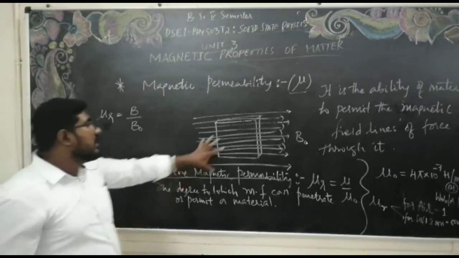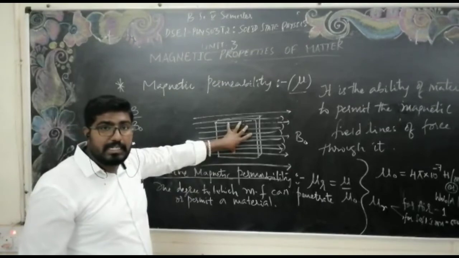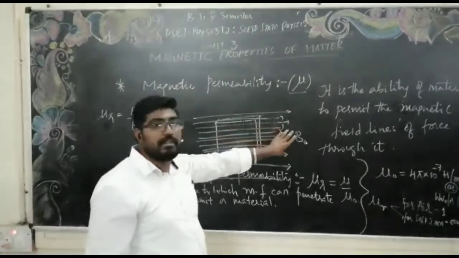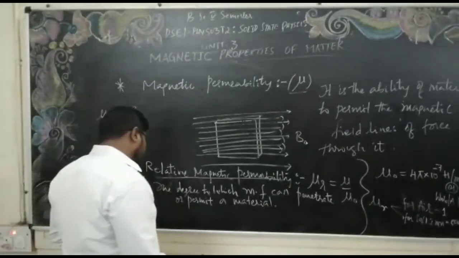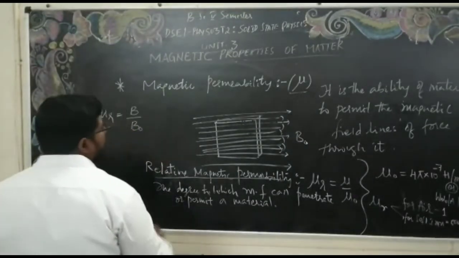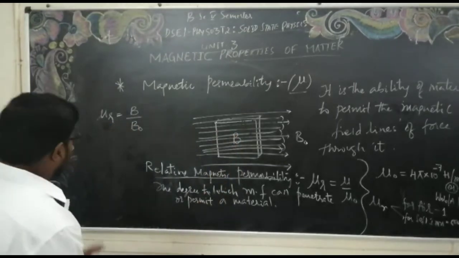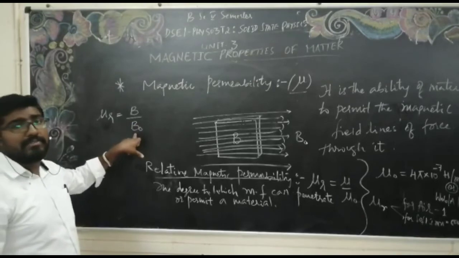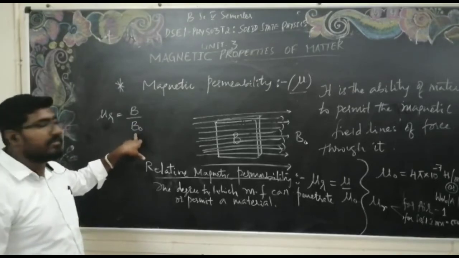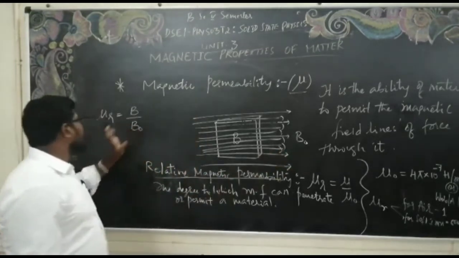This is our B, the magnetic field of the material, and B naught is the external magnetic field. It is the ratio of the magnetic field of the material to the magnetic field of free space, B naught, our external magnetic field.